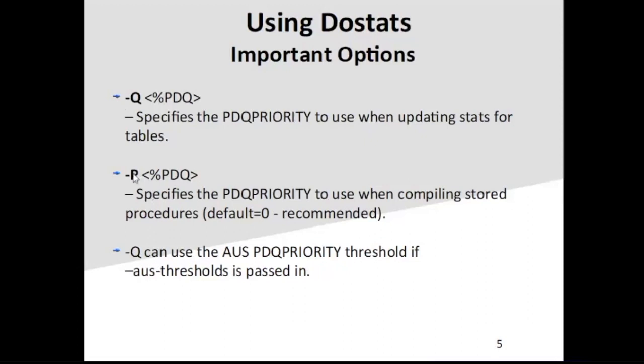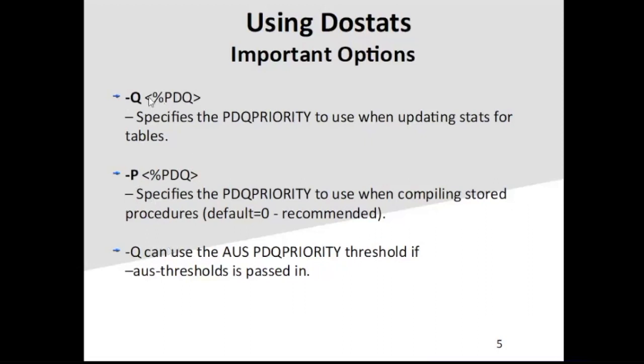You can specify with the -P option a PDQ priority to use when compiling your stored procedures. If there are certain procedures for which it's important that they run with a specific PDQ priority, you can do that by using the -P option. Setting PDQ priority in the environment will not do that for you because Dostats will explicitly set it to 0 before compiling the procedures to keep you from shooting yourself in the foot.